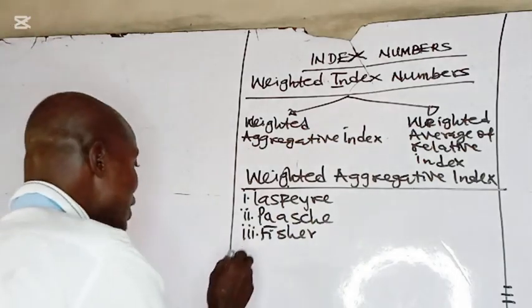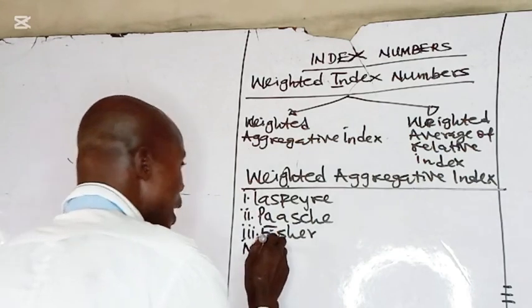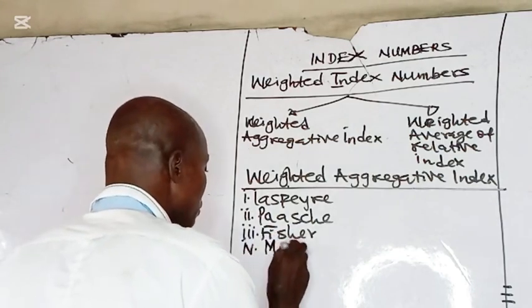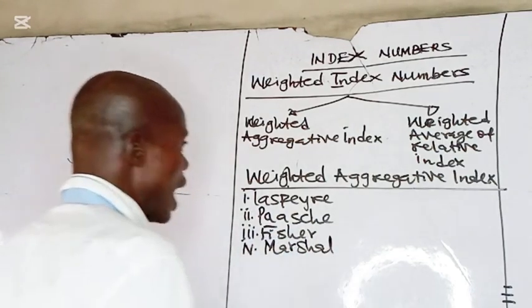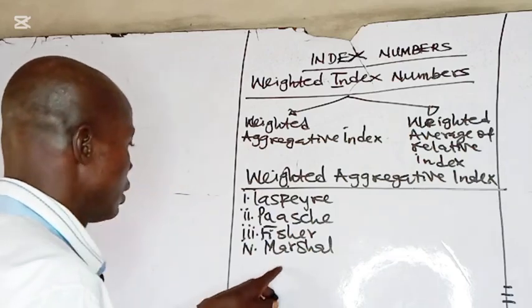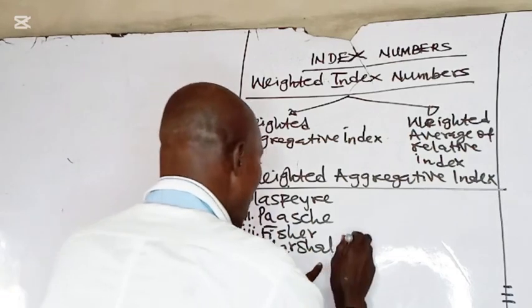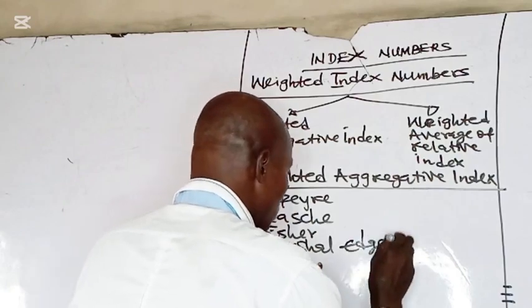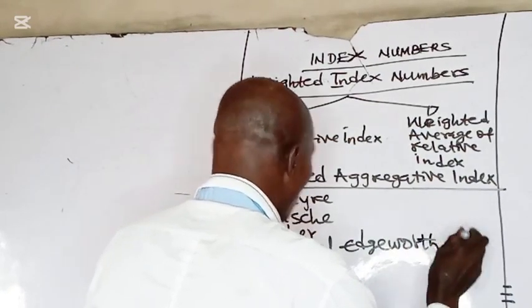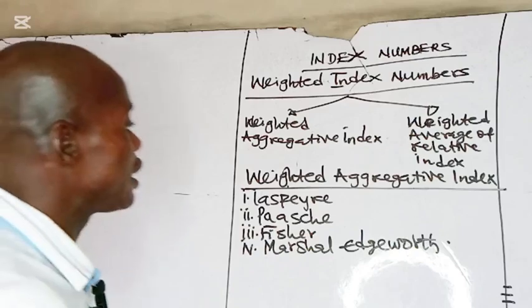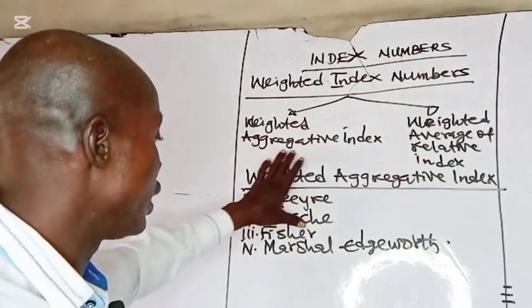Number four, we have Marshall Edgeworth. So the weighted aggregative index shall be categorized into these four.